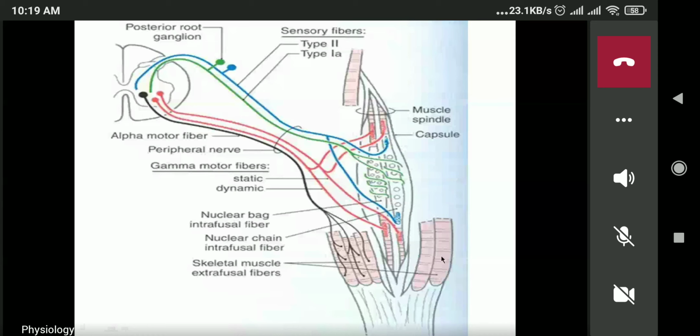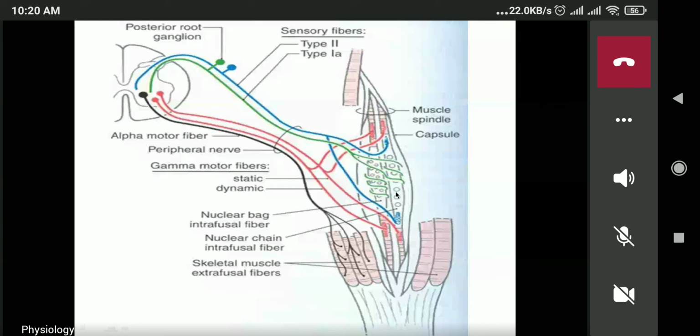Intrafusal muscles cannot be seen because they are inside. The intrafusal muscle is encapsulated, and in the intrafusal muscle there may be two types of muscle fiber. One is nuclear chain fibers, where the nuclei of the muscle are arranged like a chain.